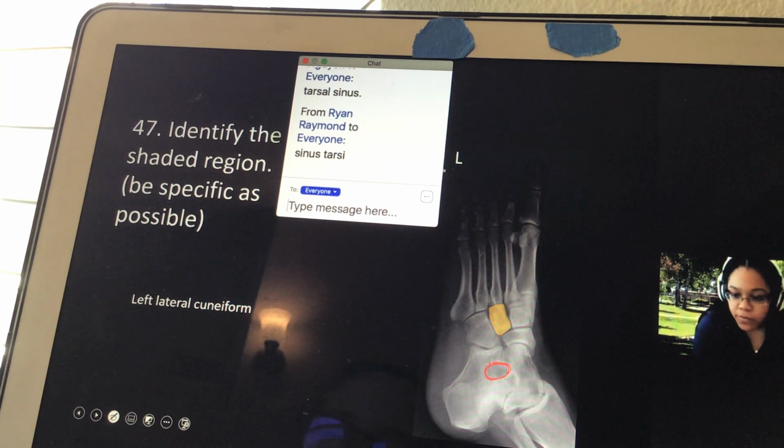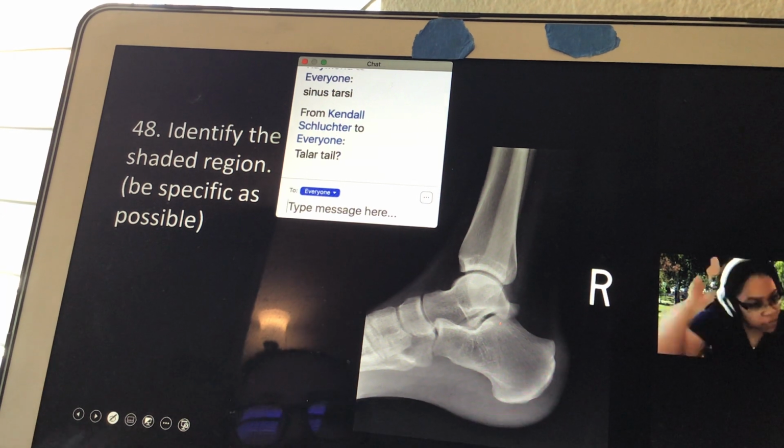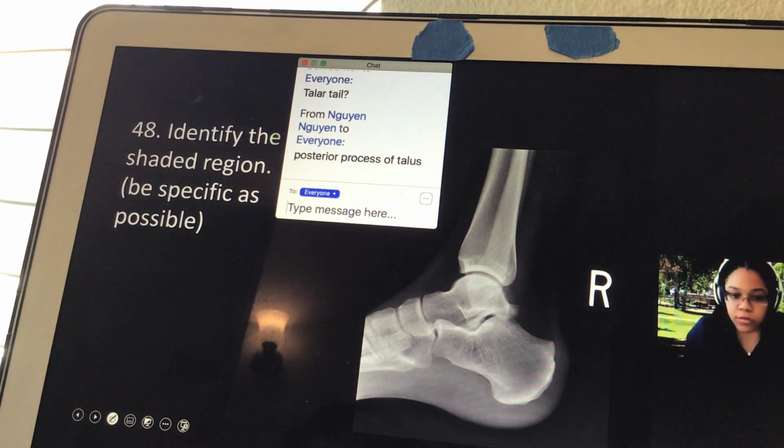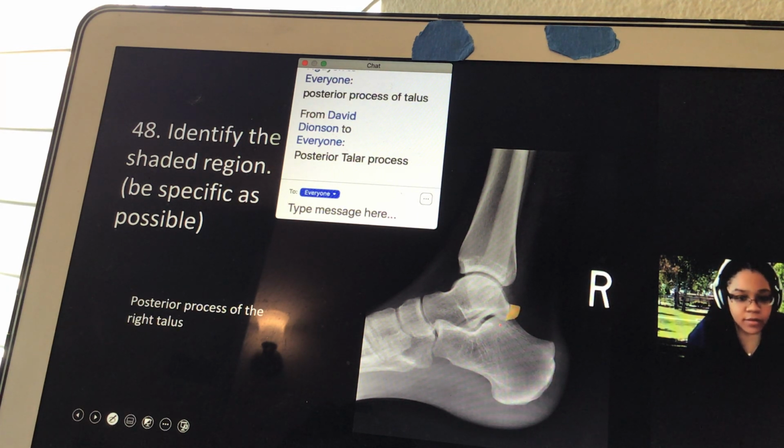Good. That structure there. Now look carefully. It is still attached. So this is just our posterior process of the talus. In essence, it does kind of resemble a little tail.